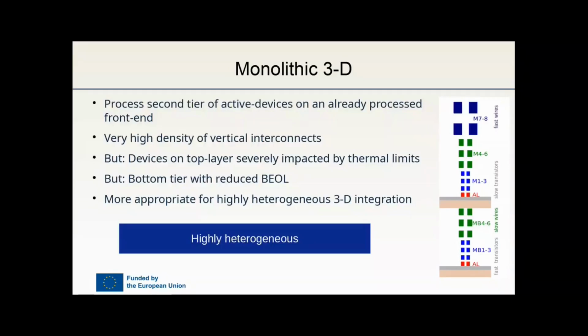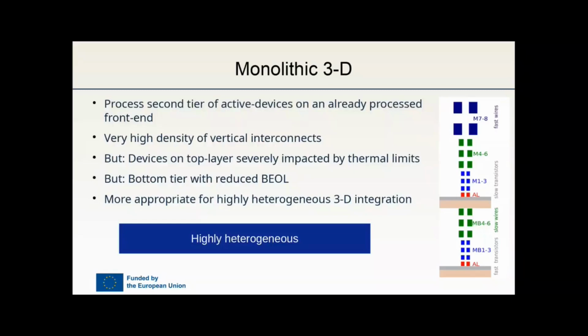Even worse, once we have implemented the metallization in the bottom tier, we want to implement the upper one, and the temperature that we have to use should not degrade the metallization down below. Because of that, we are really limited in the amount of materials that we can use for the bottom technology. This fundamentally means that the resistance, the quality of the interconnect in the bottom tier is worse than the interconnect in the upper tiers.